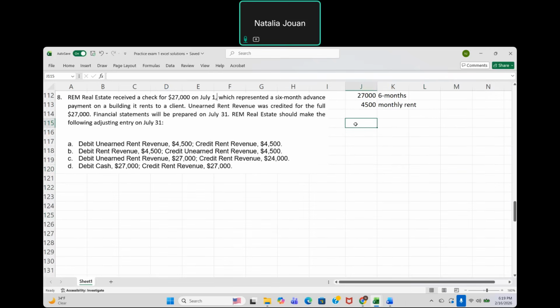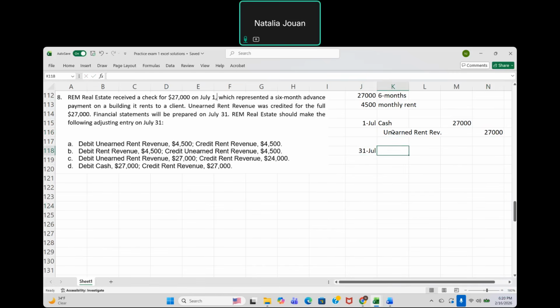Here we go. What happened on July 1st is that you received cash, 27,000, and you recorded unearned rent revenue for 27,000. Now 1 month has elapsed. So on July 31st, we can claim 1 month of revenue.